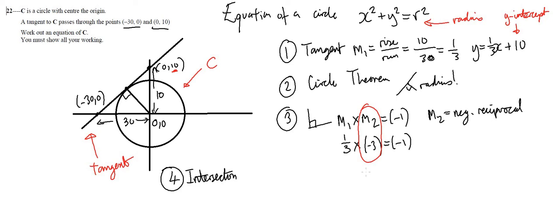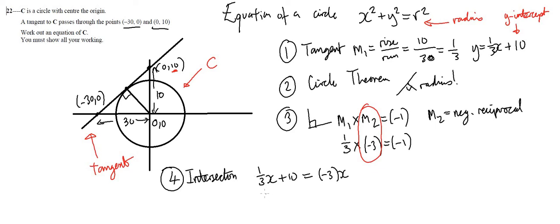So now all we have to do for the intersection is we say that the tangent is equal to the radius, because that point is on both lines, so it satisfies both equations. So 1/3 x plus 10 equals minus 3x. Okay, right, so we have to solve for x. So let's times both sides by 3.